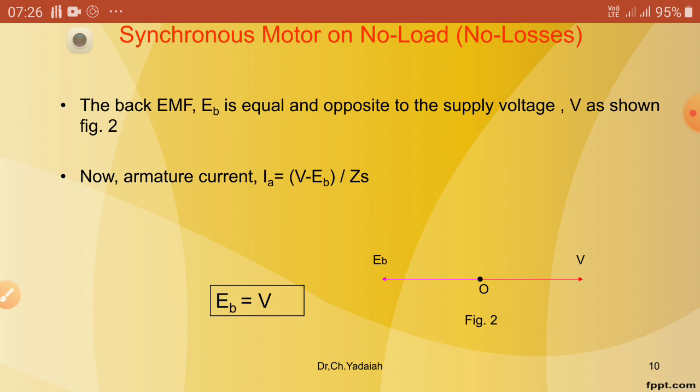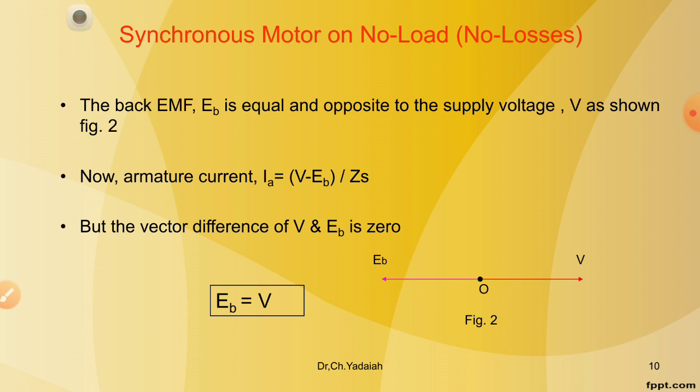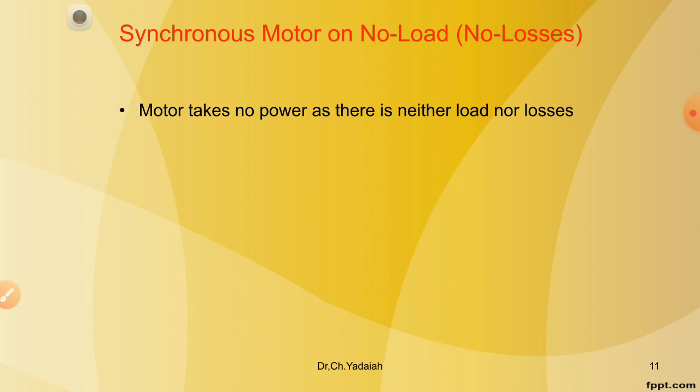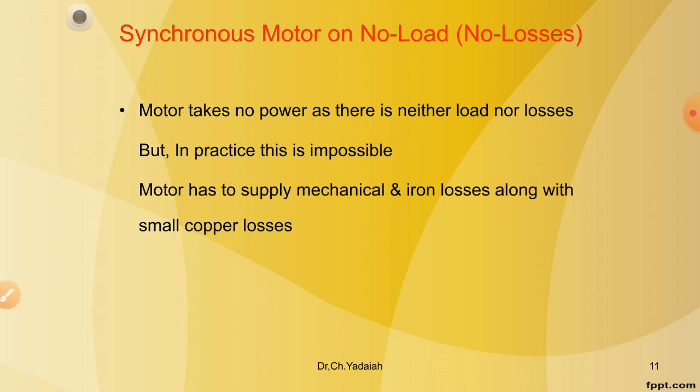So what to do? The vector difference of V and EB is 0 and hence the current is 0. Normal excitation: the motor takes no power as there is neither load nor losses, but in practice this is impossible.